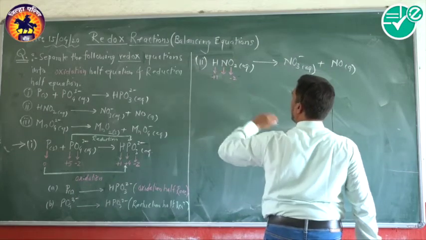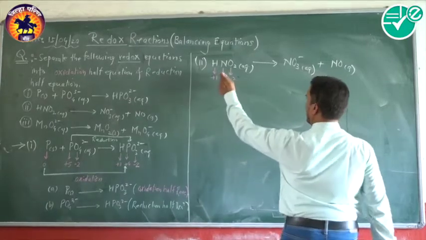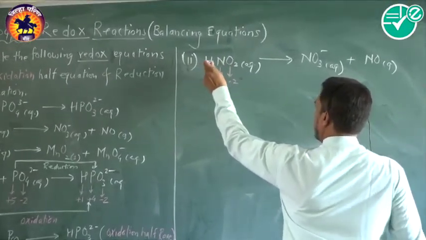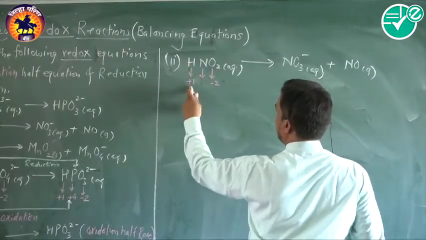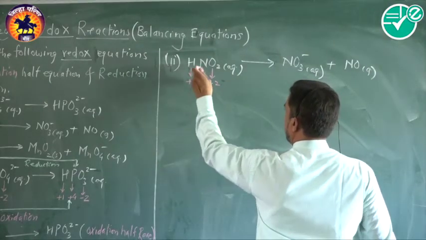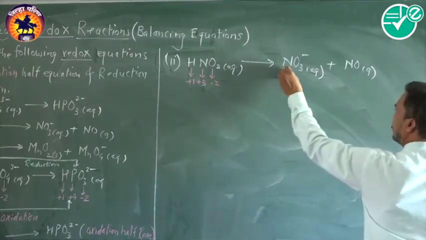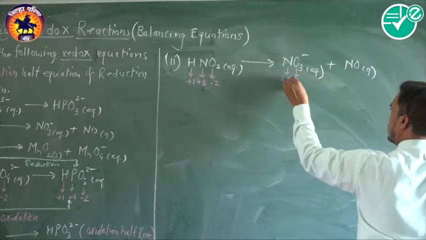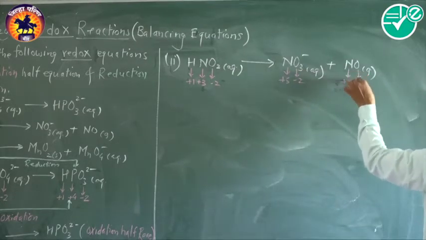You calculate the oxidation state of nitrogen with the help of the oxidation states given to hydrogen and oxygen. Here -4 and here +1, so it becomes +3. So the nitrogen oxidation number is +3. Here it is +5, here -2, similarly here +2, here -2.